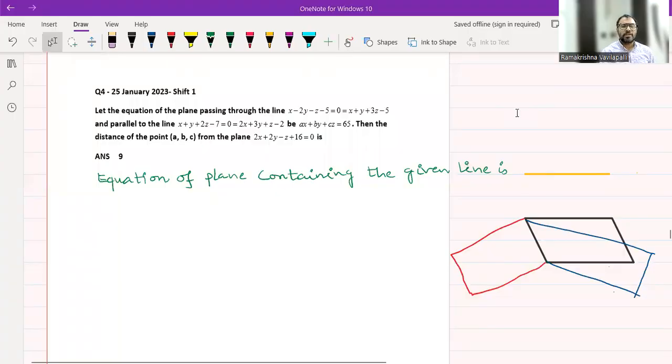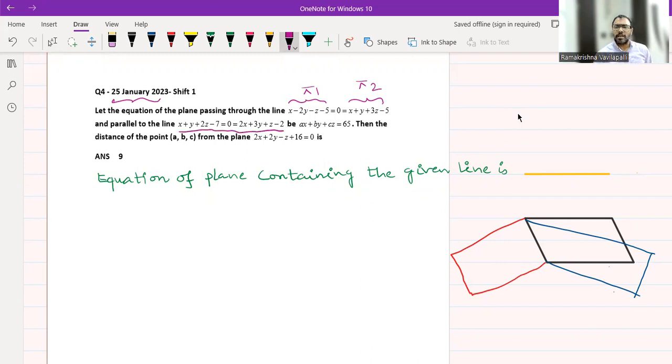So here is another question asked in January 2023. It is also a very good question. Let the equation of a plane pass through the line of intersection of two planes, this is pi 1 and pi 2, and be parallel to a line given in unsymmetric form, then the distance of the point (a, b, c) from the plane.